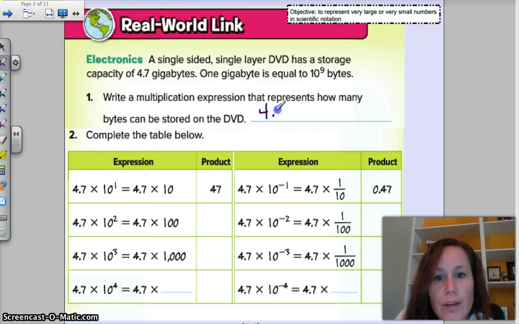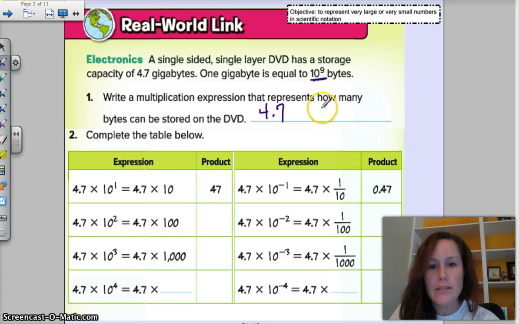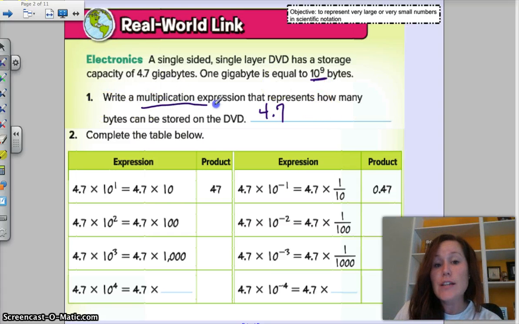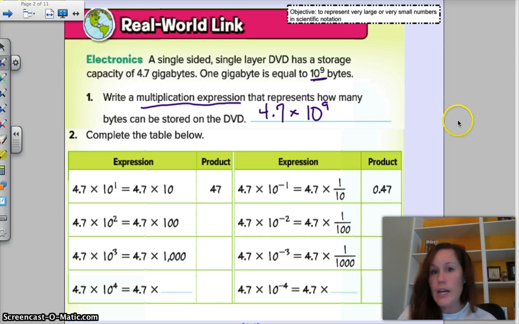It's 4.7, and each one of these 4.7 has 10 to the ninth bytes in it. So our multiplication expression that will represent how many bytes can be stored on the DVD for each one of these gigabytes, we are going to represent with 10 to the ninth bytes. I don't have to find the answer, it just tells me to do an expression.